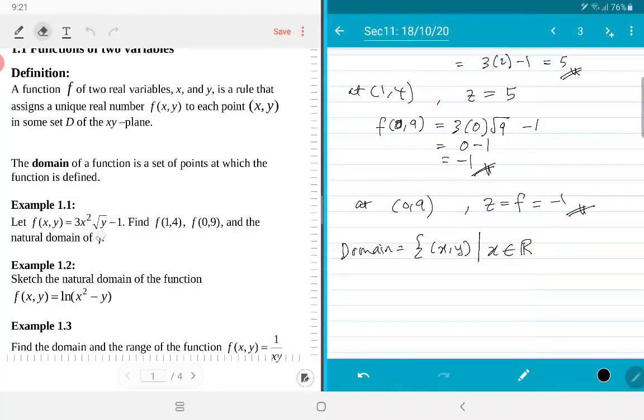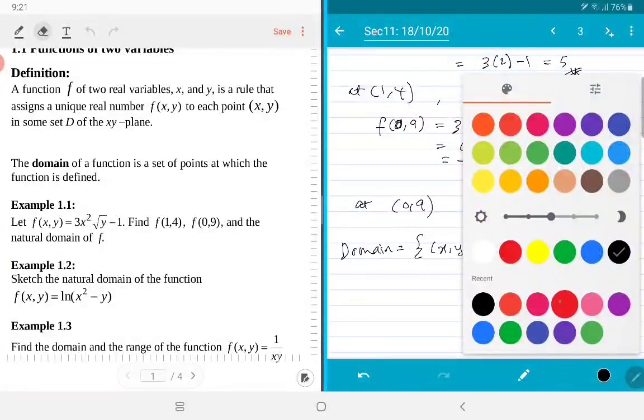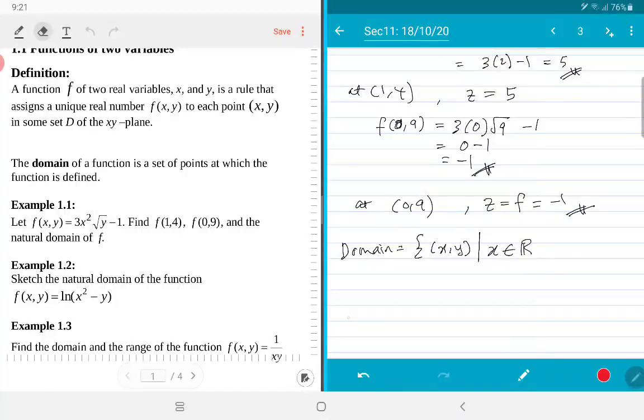But now let's look at the constraint for y. Is there any constraint for y? So y occurs here, we have a square root of y. We know from before, if you have a square root of y, for the function to be defined, y must be larger than or equal to 0. Otherwise, you'll end up with a complex number instead of a real number.